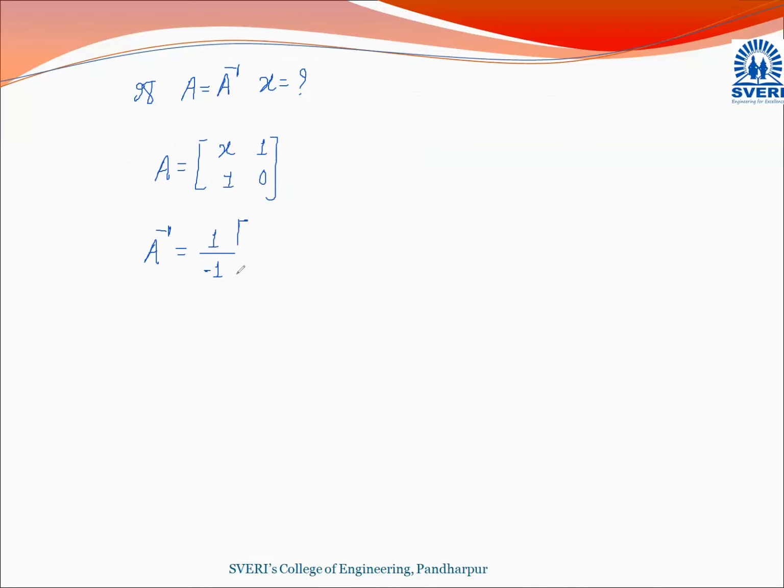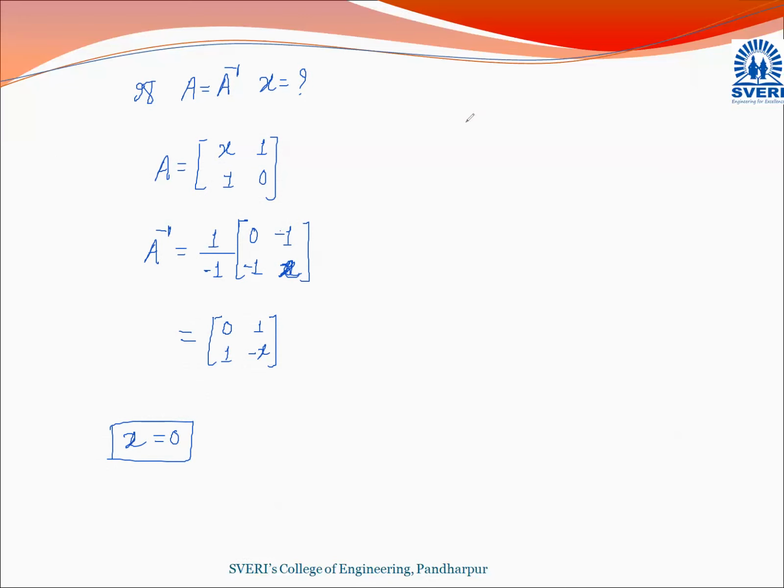Into, in bracket, adjoint of that, just shifting the terms, 0, minus 1, minus 1, x. Okay. So here we are getting the matrix 0, 1, 1, minus x. If we are comparing these two, what is the value of x? x will be 0. So here it is the A inverse.